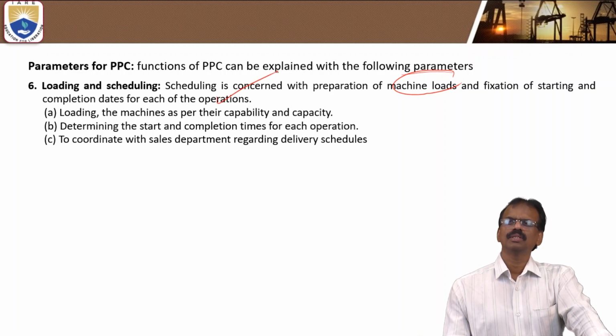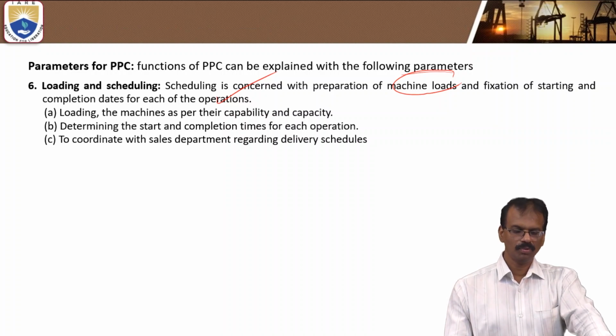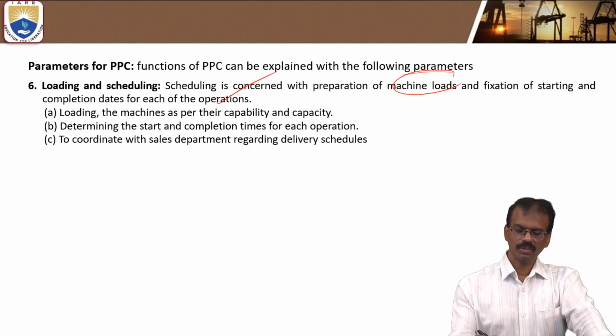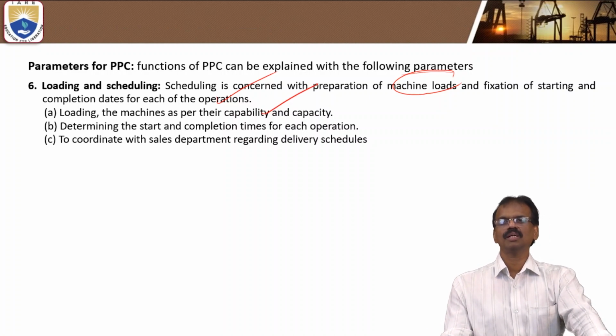So loading of the workpiece on the machines and scheduling of the process is very important. So it includes loading the machines as per the capacity and the capability. So based upon the capability and capacity, loading of the workpiece will occur.